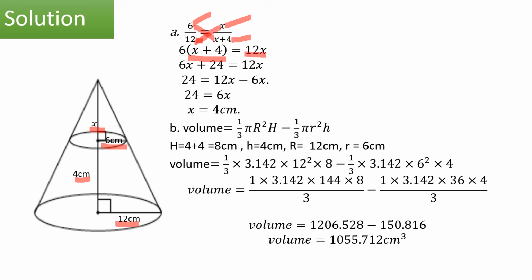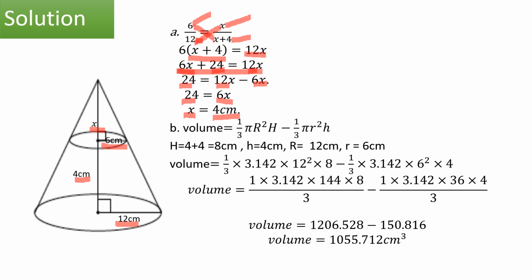Then we expand. 6 times x is 6x, 6 times 4 is 24, is equal to 12x. Then group all x, so this 6x will go to the 12x side. So it will be 24 is equal to 12x minus 6x, so 24 is equal to 6x. Then x will be equal to 4 centimeters. So the height of the cone cut off is 4 centimeters.